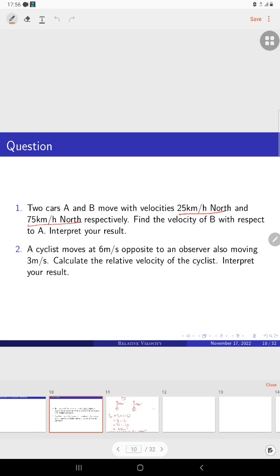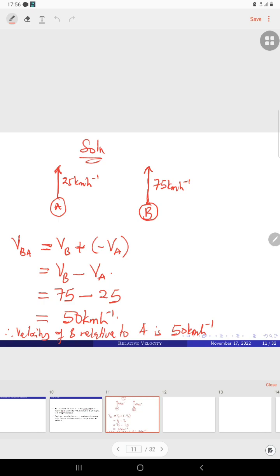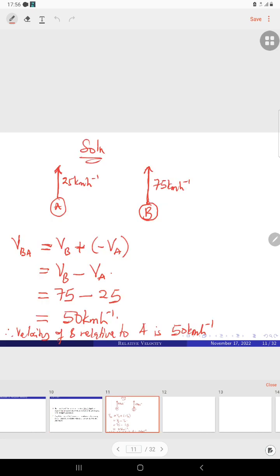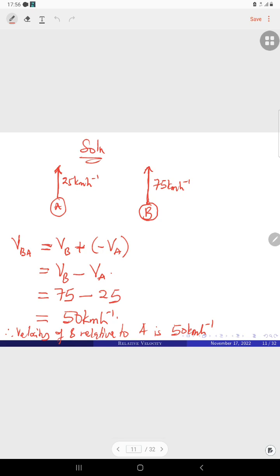What do we mean by interpreting our results? You need to first understand the meaning of velocity of B with respect to A. They are cars, right? So this VBA means velocity of B with respect or relative to A. What it means is how an observer in car A will see car B moving.